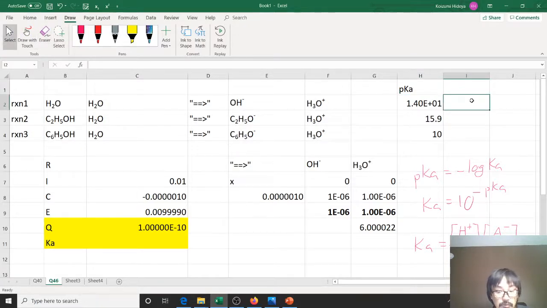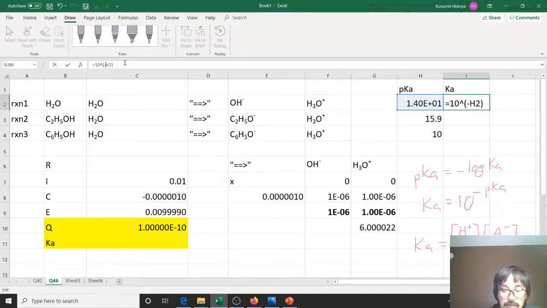So let's just modify this pKa to be the Ka right here. So I'm gonna write Ka here. Ka is equal to, I'm gonna use this formula right here, 10 to the power of that, so minus, right?